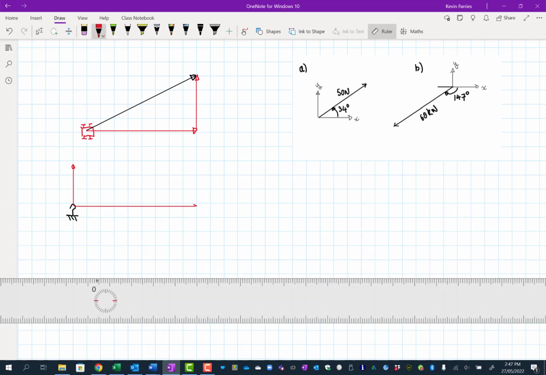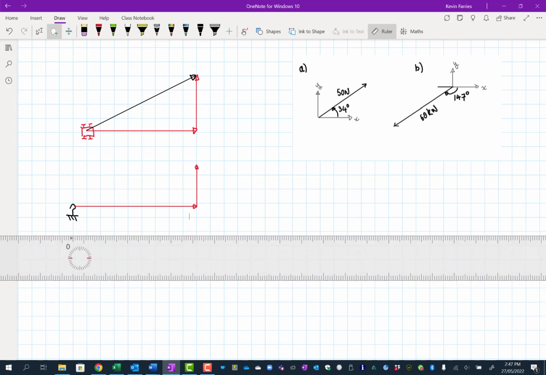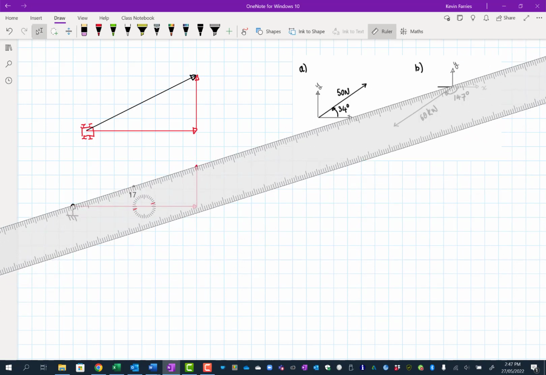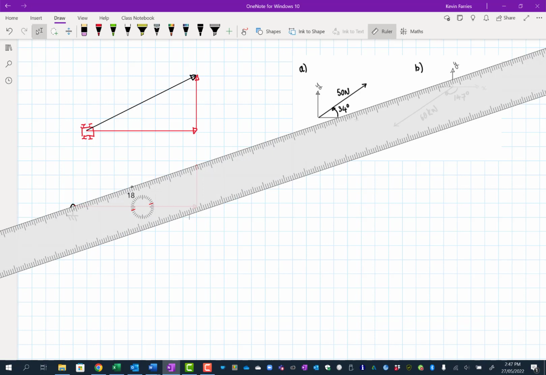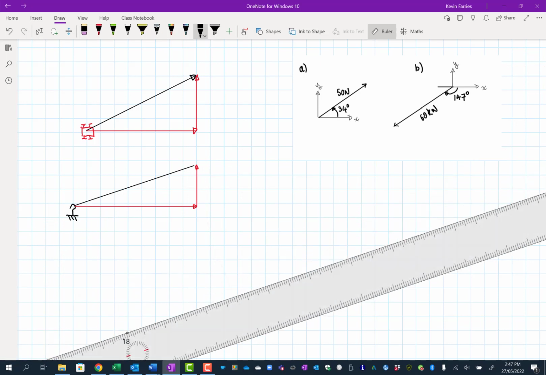But to find the resultant vector, we can use the same method. So we can take this vector, we can place it nose to tail, and your resultant vector is the vector that joins those two vectors together. So your resultant vector is like so. Alternatively, just get rid of those.